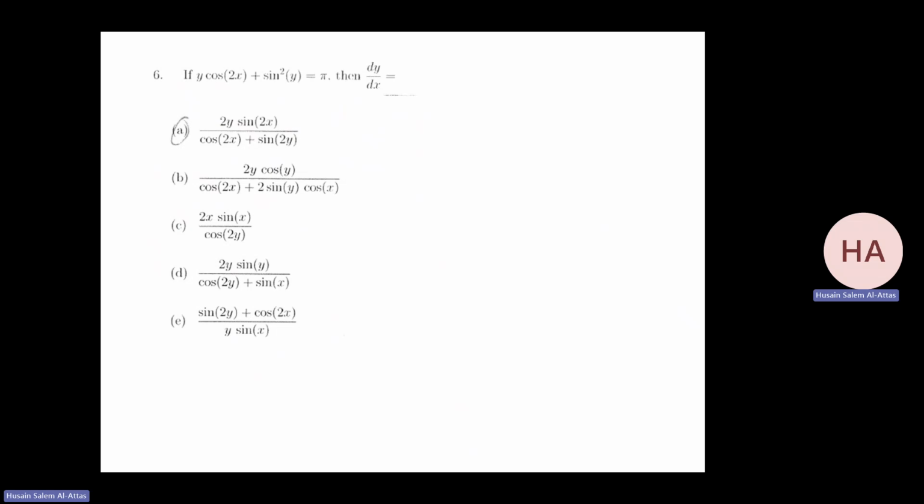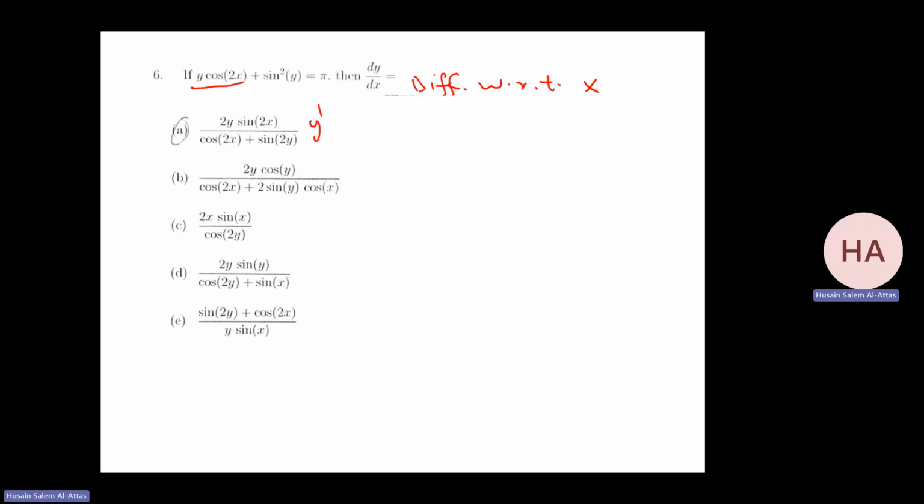Okay, now I have this. What's my first step? Differentiate with respect to x. So here I have a product of two functions. So be careful.